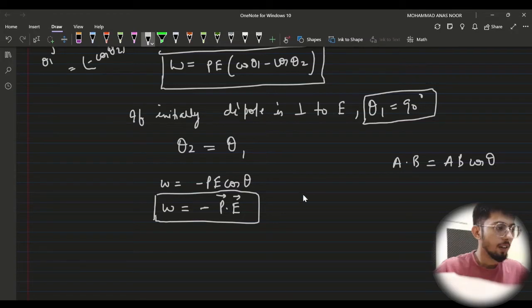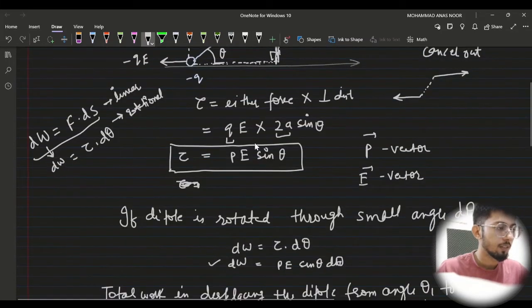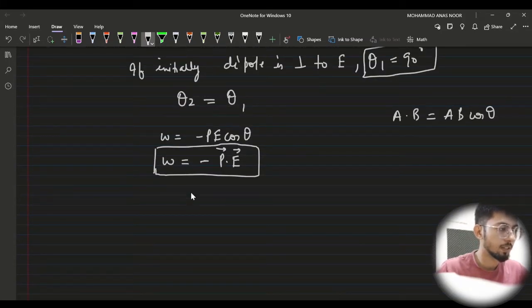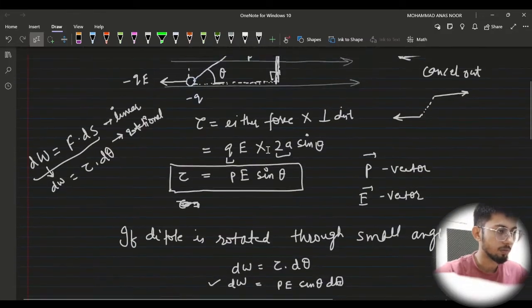Now I already told you that the work done in bringing any two charges or any number of charges close together is stored as the potential energy of the system. So this W is the potential energy of the system, because that amount of energy would be required to move them to infinity again, and that amount of energy was taken by external forces to arrange them in this way.